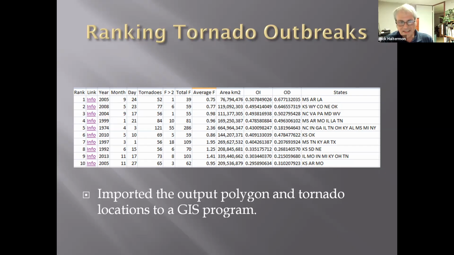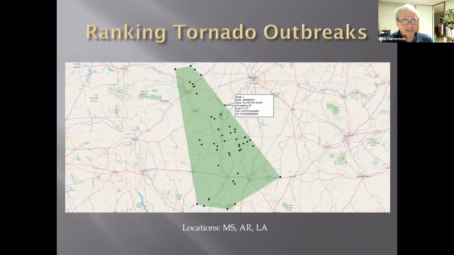I took that data and then plotted it in a GIS program to get an idea of location. It's always better if you can see a visual of the data. So for each of the top 10 events, I do have a GIS map of the event.